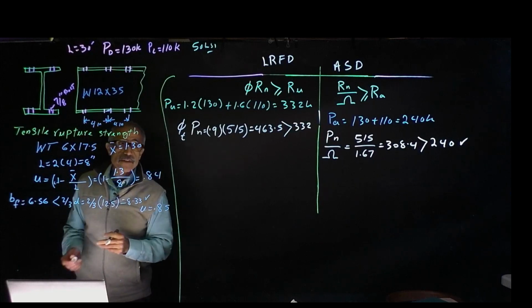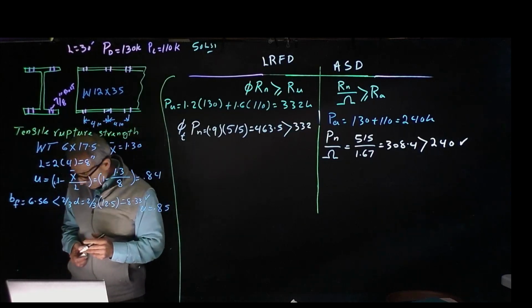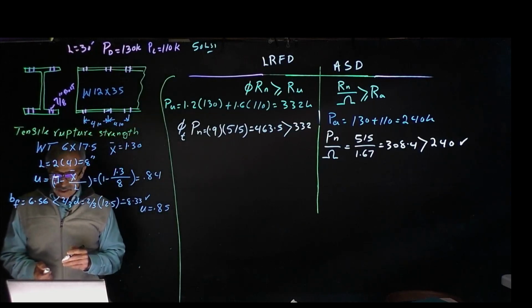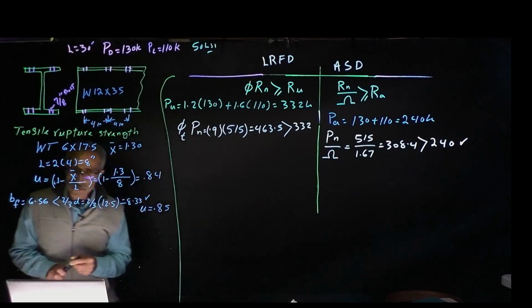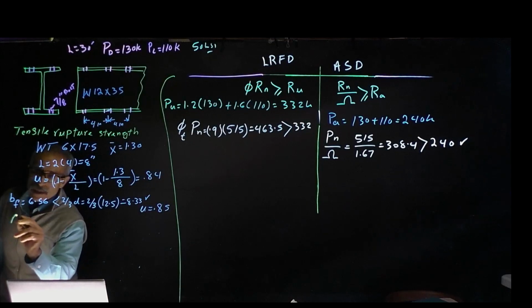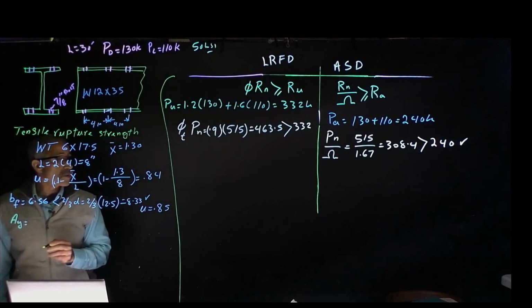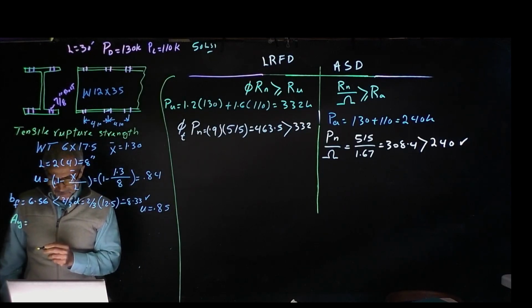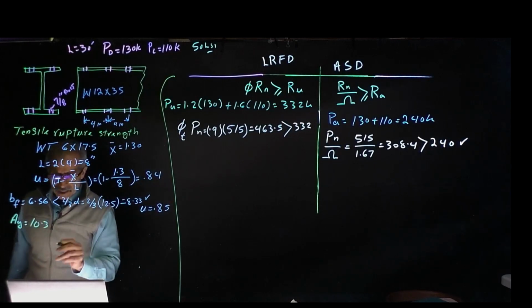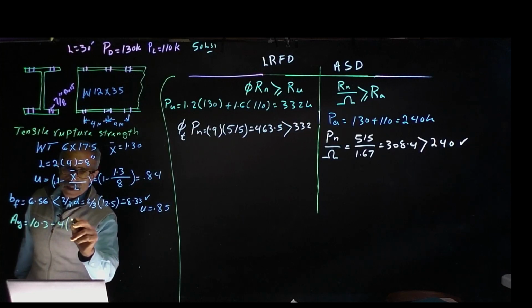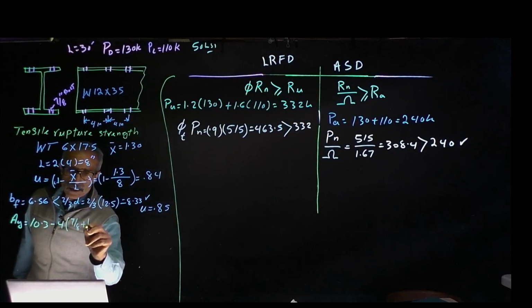Now we have that, we can go ahead and calculate the AG. Let me write this down. Therefore, our AG comes out to 10.3 inches squared. We had the area, minus 4 times 7/8 plus 1/16.